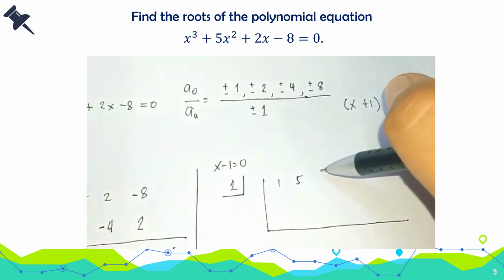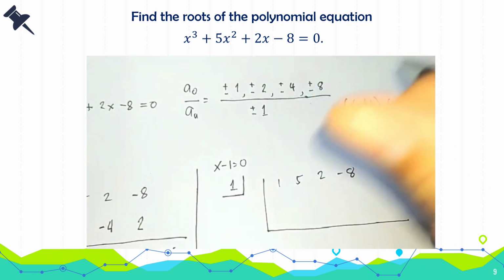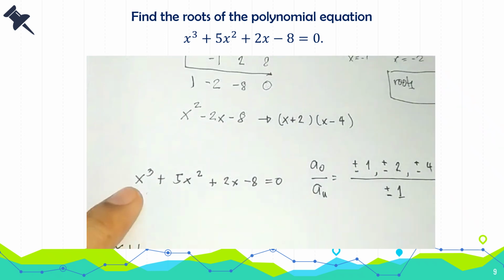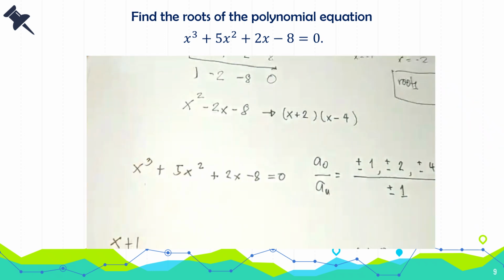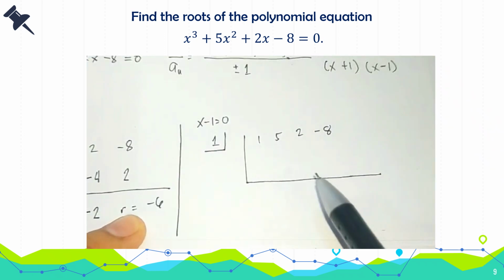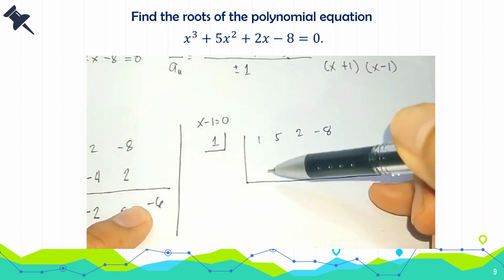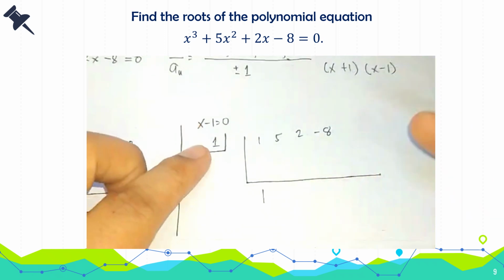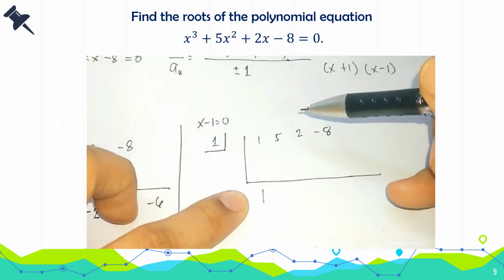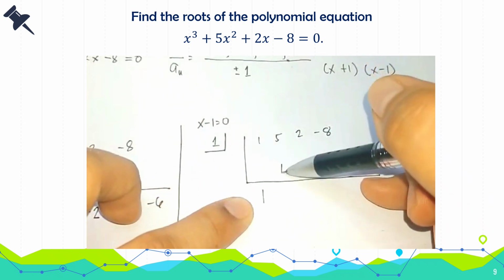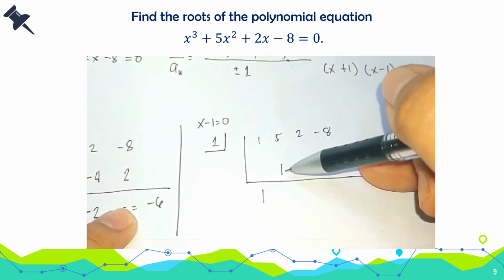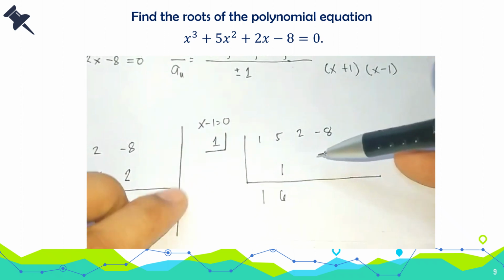1, 5, 2, negative 8. Now let's proceed. First is to bring down the first value. 1 times 1 will give us 1. 5 plus 1 will give us 6.